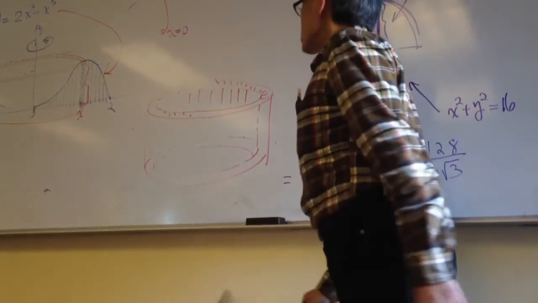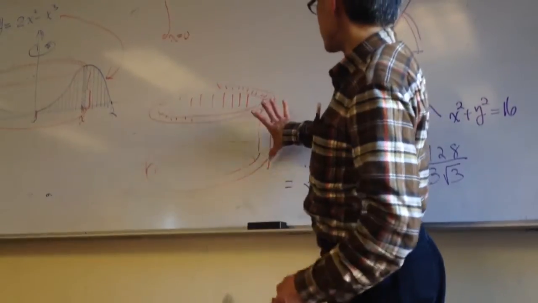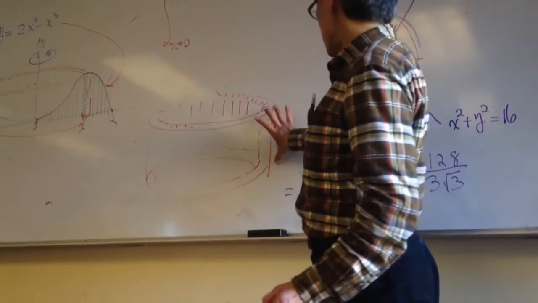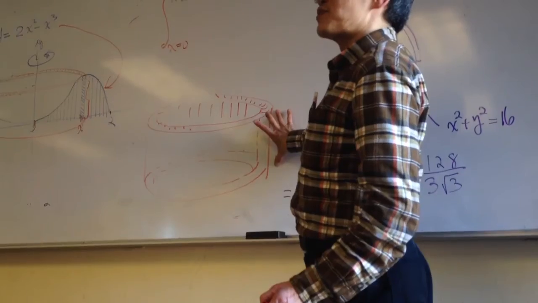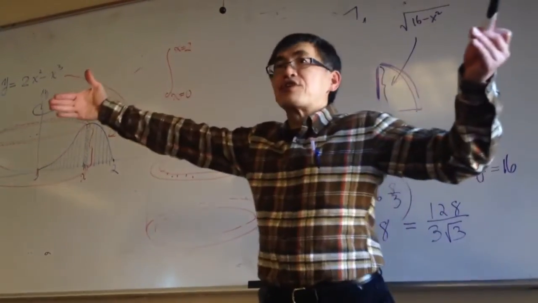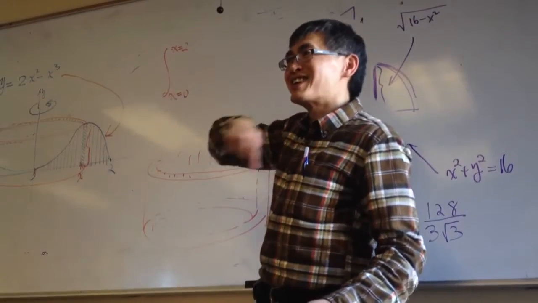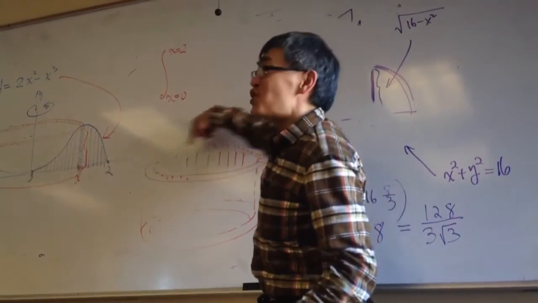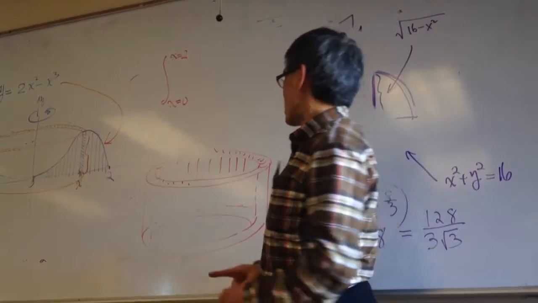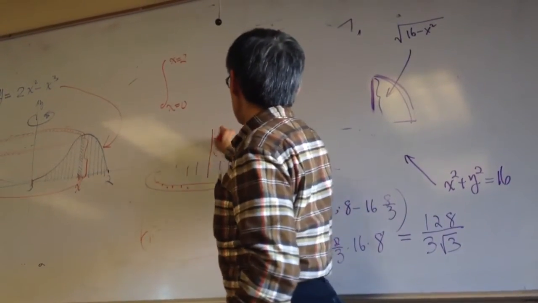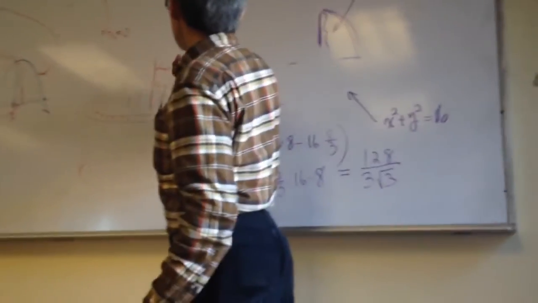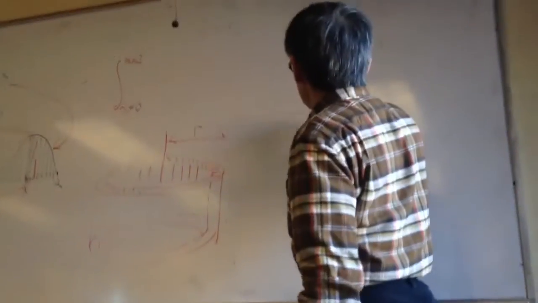And so what is the height of that rectangle? That will be the height of the cylinder, right? And what is the width of that rectangle? Wouldn't that be the perimeter of this circle? Right? So now here is the radius, r. If you take r multiplied by 2 pi, what is that?